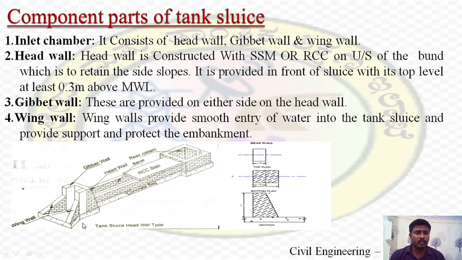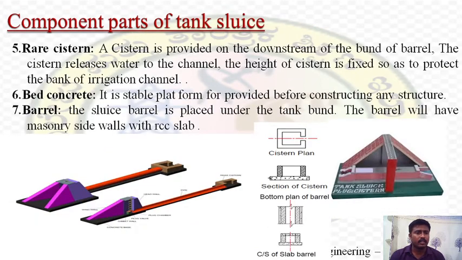Next, I will move on to the next slide. That is the cistern. The cistern is another component of a tank sluice. It should be provided on the downstream side of the bund.